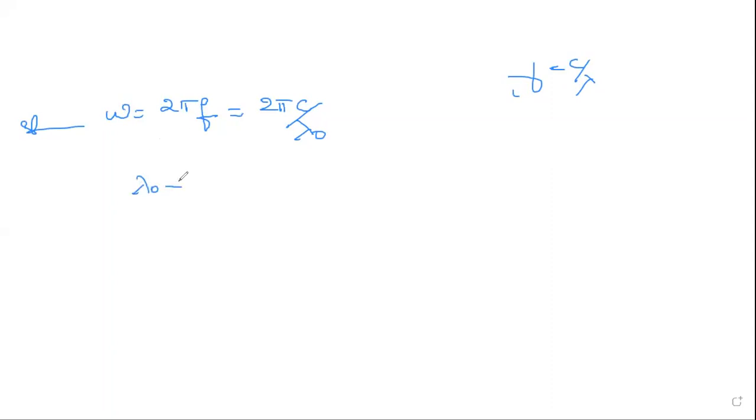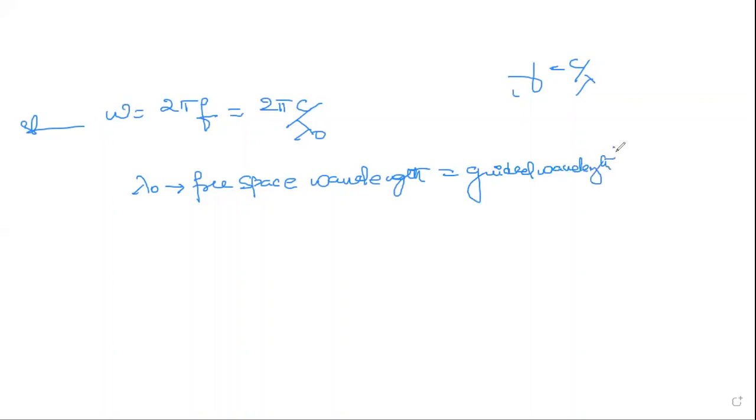When you consider lambda naught, it is called the free space wavelength. And the definition of a free space wavelength says that it is related to the guided wavelength, which is the one you use with respect to the frequency, along with your effective dielectric constant, that is epsilon Re.